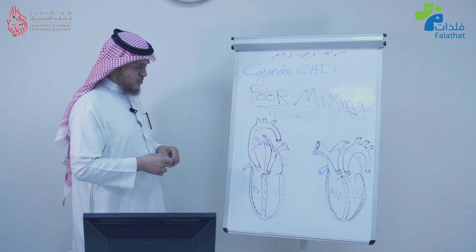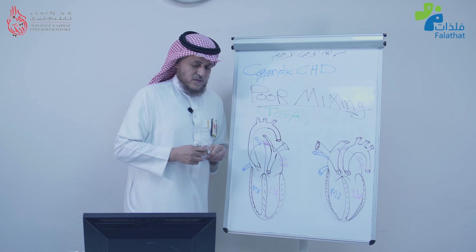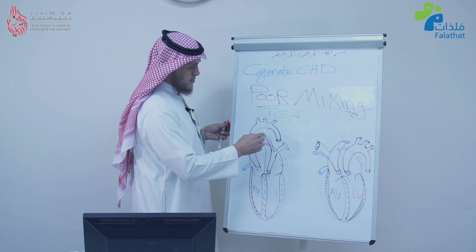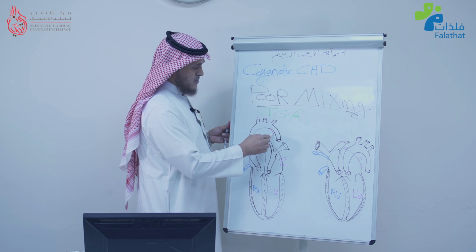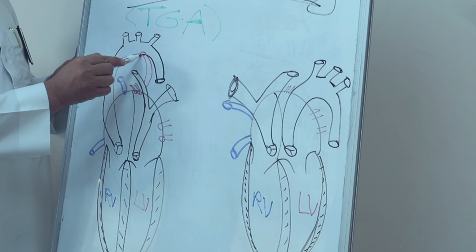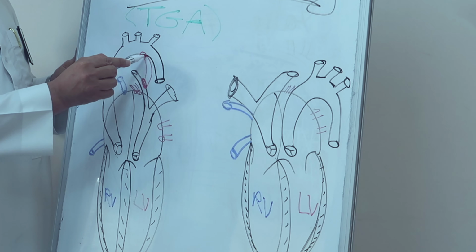So usually these babies are born with a patent ductus arteriosus, which is open from the aorta to the pulmonary, and that provides a source of mixing.